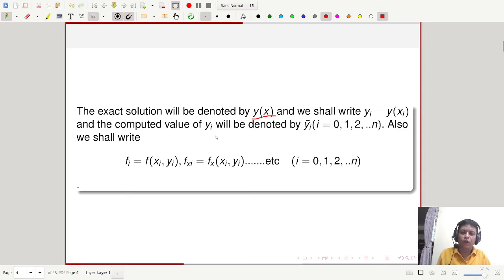And the computed value of yi will be denoted by yi bar, i = 0, 1 to n. Also, we shall write fi = f(xi, yi). Fx is the partial derivative with respect to x at (xi, yi). Again, you can take the second partial derivative, fxx at (xi, yi), etc. These are the notations.